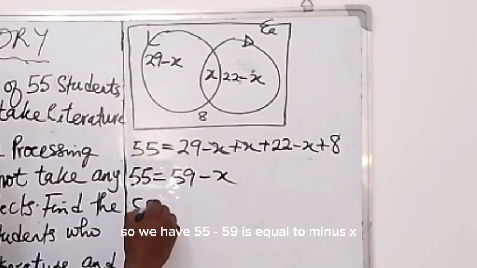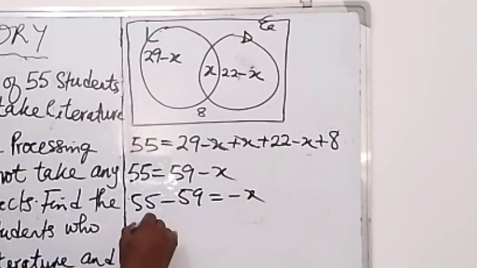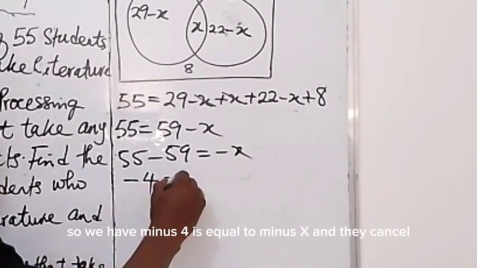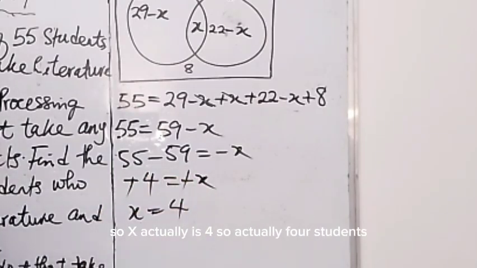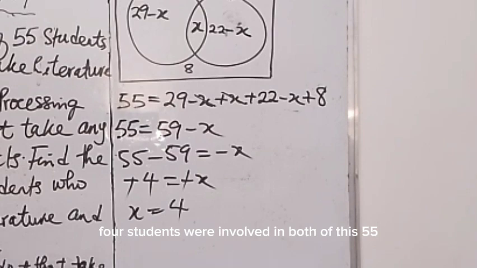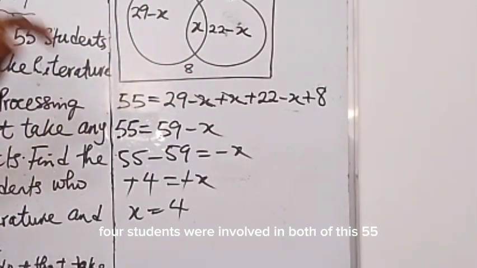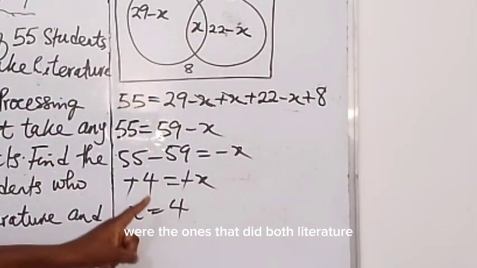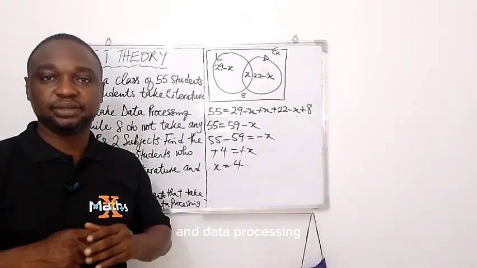So we have 55 minus 59 is equal to minus x. So we have minus 4 is equal to minus x, and they cancel. So x actually is 4. So actually four students were involved in both of this 55. Only 4 students were the ones that did both literature and data processing.